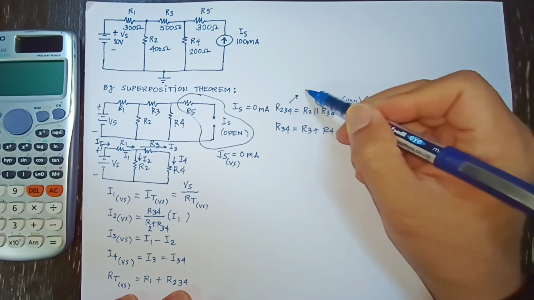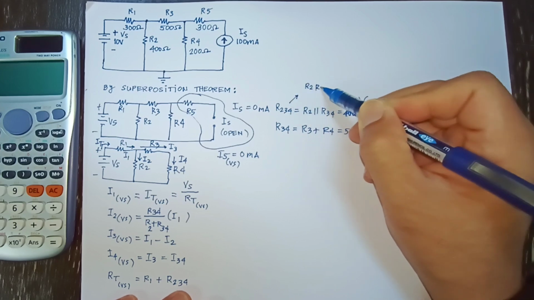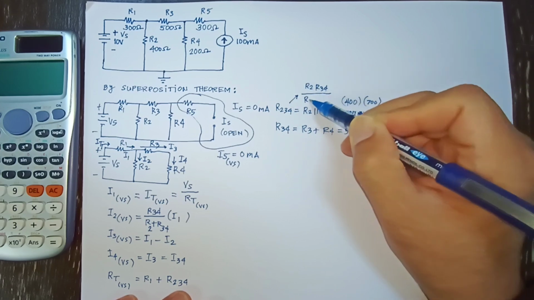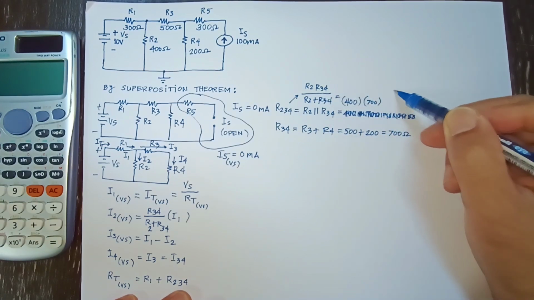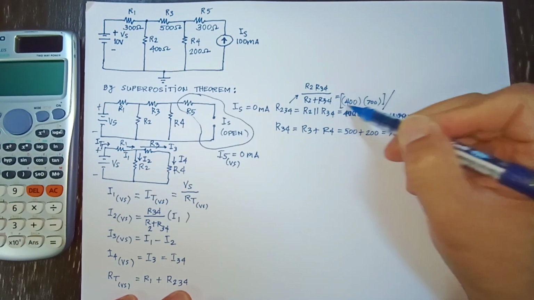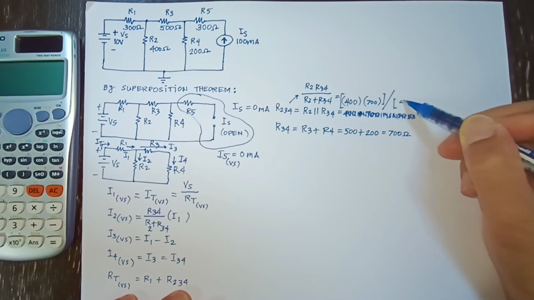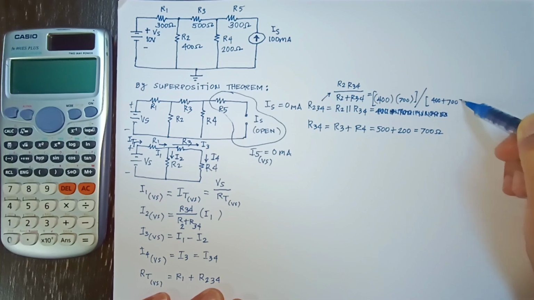Then we can now calculate R234, which is the parallel of R2 and R34. So the product over the sum would be 400 multiplied by 700 over the sum of 400 plus 700.